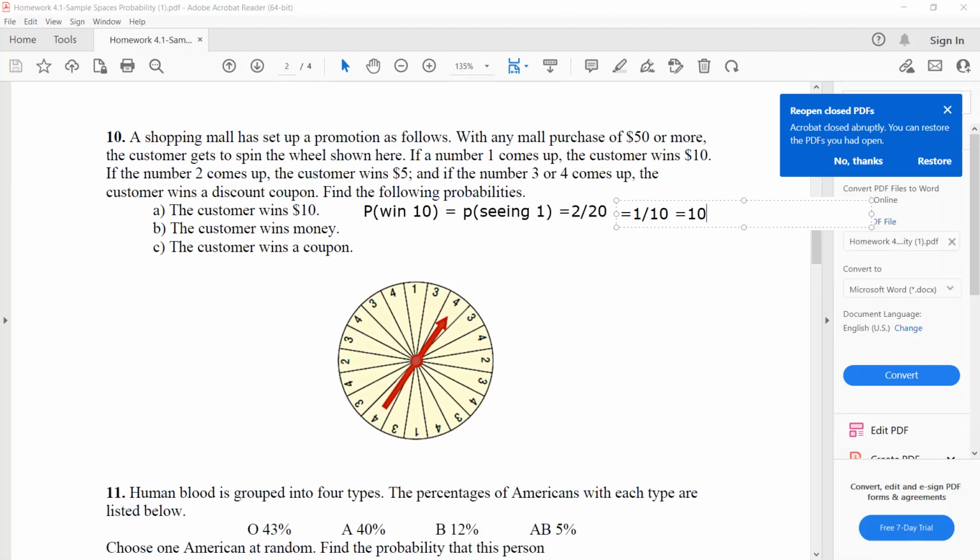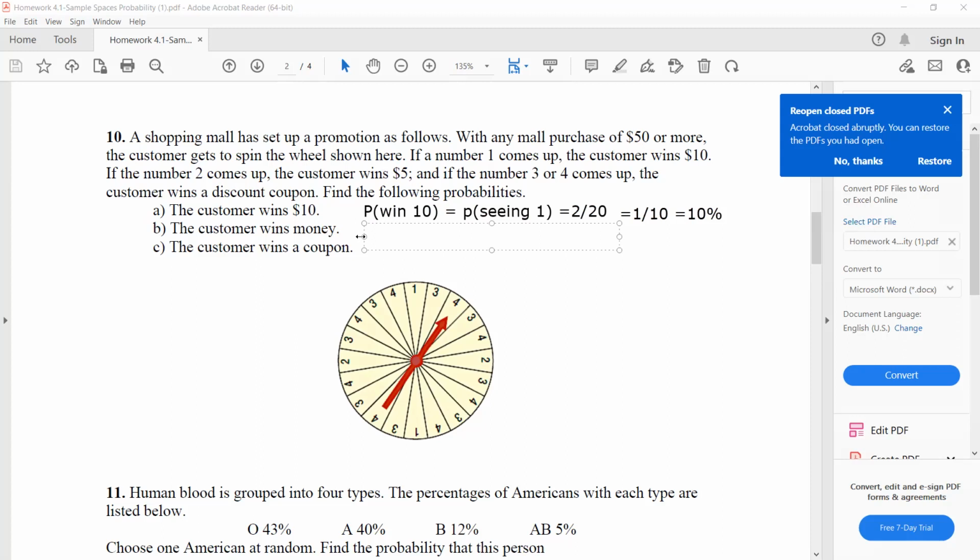Good job. 10%. So here, what about letter B? The customer wins money of some sort. So he's going to win money if the number 1 comes up or the number 2 comes up.